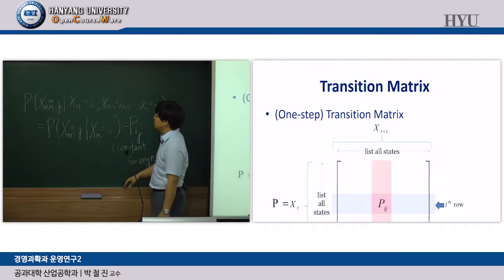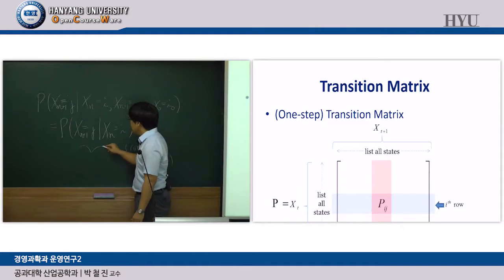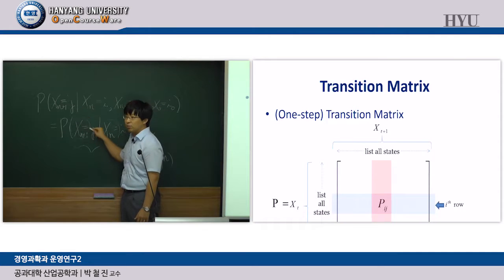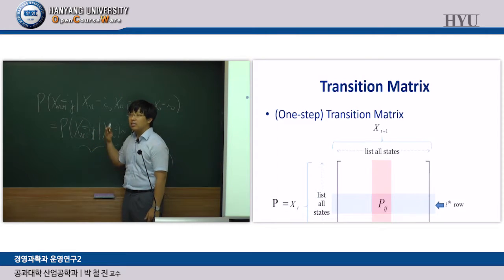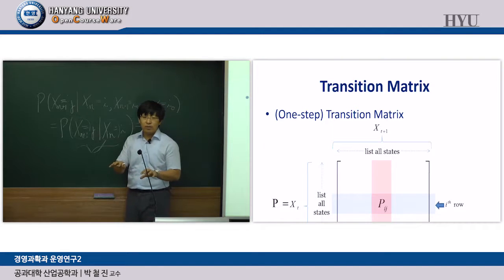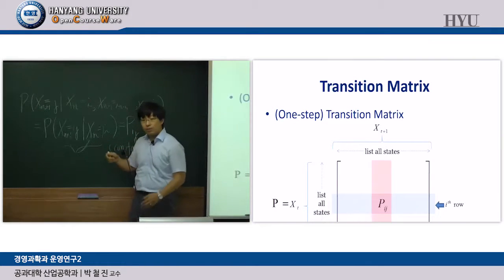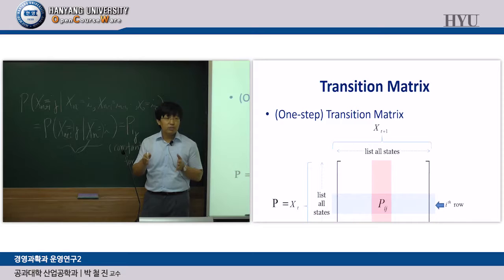One-step transition probability means the conditional probability from X_n to X_{n+1}. Since we consider a discrete time Markov chain, they are the closest random variables regarding time, just one step before and after. This conditional probability is called the one-step transition probability, and as I said before, it is constant in this structure.